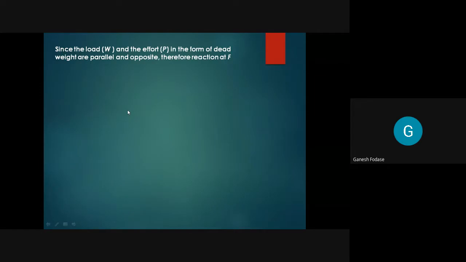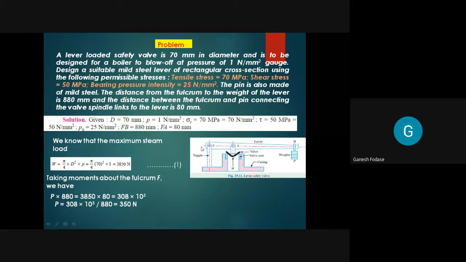Now next. Since the load W and effort P in the form of a dead weight are parallel and opposite, therefore you need to find the reaction at F. Can anyone tell me how to find it? It's very simple. W is known, P is known. Observe this diagram: W is upward, P is downward.